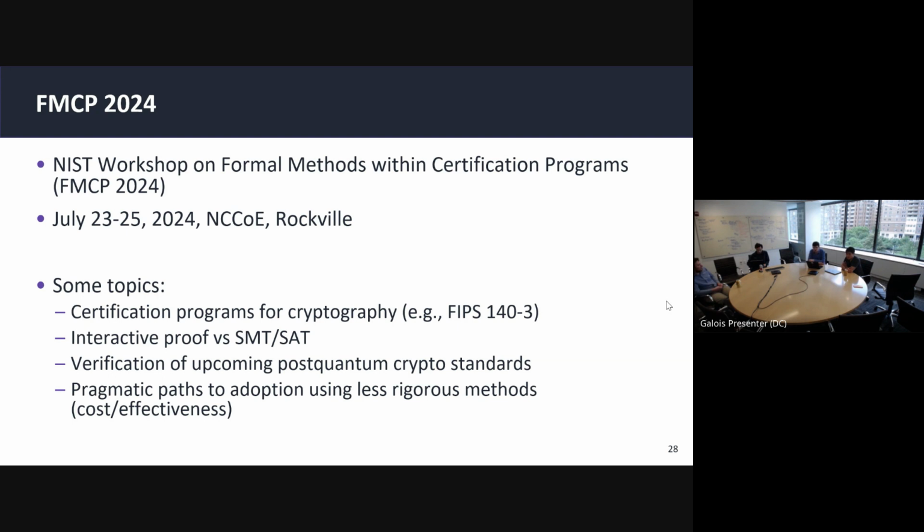So that's one. The other is that the upcoming standards for post-quantum cryptography had an unbounded loop in there. So not an infinite loop, but an unbounded loop, statistically unbounded. It's like the rejection sampling.